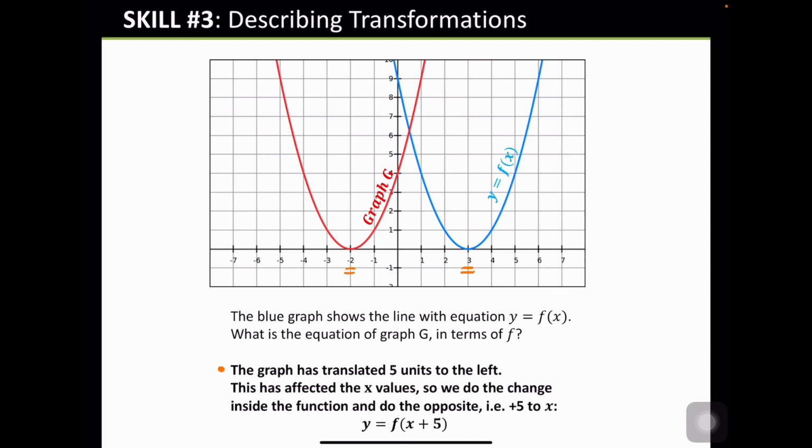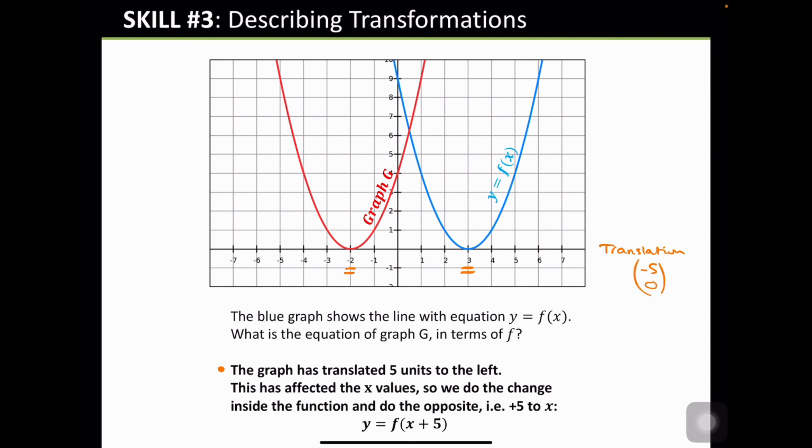This has affected the x values, so we do the change inside the function and do the opposite of adding 5. So we subtract 5, as in we move 5 spaces to the left, if that makes sense. I mean, we could just write translation and then write the actual vector: negative 5, 0.